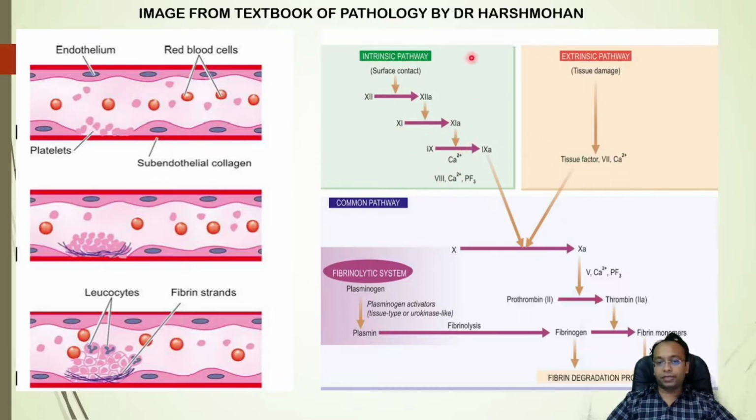Activation of all these factors finally will lead to activation of factor 10, which will activate prothrombin to get converted into thrombin, which will convert fibrinogen into fibrin, and this fibrin together with platelets will form a secondary hemostatic plug, which is very firm, right? And they can help in preventing bleeding. But when this system, both the platelet and coagulation systems, is abnormally activated, they will lead to thrombus formation, which will not get easily detached from the blood vessel.